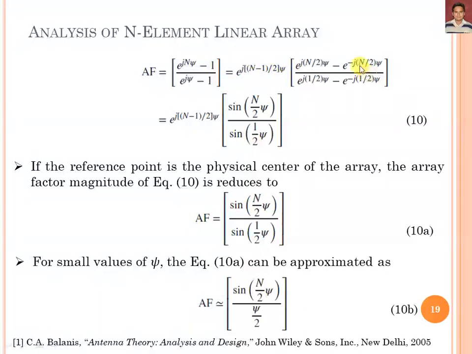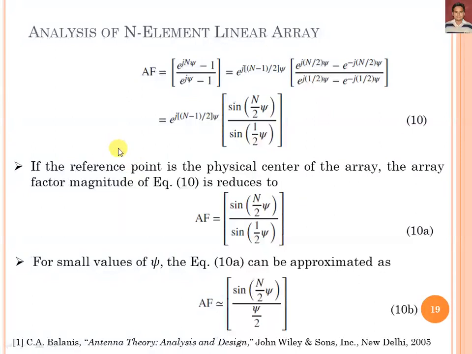This is the factor, and when we take common e^{jnψ/2} from this expression, we get this expression, and finally we get the array factor e^{j(n-1)ψ/2} sin(nψ/2) upon sin(ψ/2). So this is the important expression that we calculated for the n element linear array.